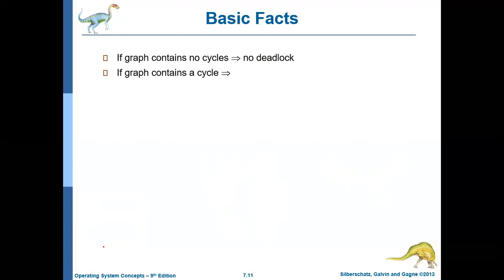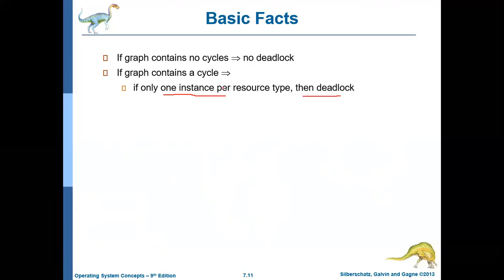So how to know if there is a deadlock or not? If there is a cycle and all the resources involved in the cycle have only one instance, then you can confirm that there is a deadlock, okay.